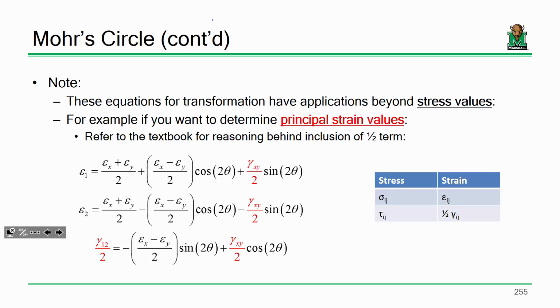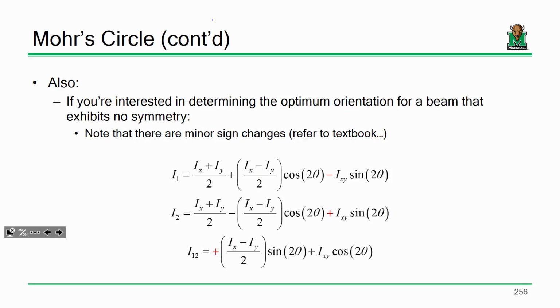All right, everybody okay? Now, one other application is you can actually use Mohr's circle to determine the optimum orientation for a given beam. If you're dealing with an I-beam or a rectangular beam or something like that, it's pretty simple. But if you've got a beam that has a really funky cross-section, which happens, I mean, what do you think a wing is in an airplane?